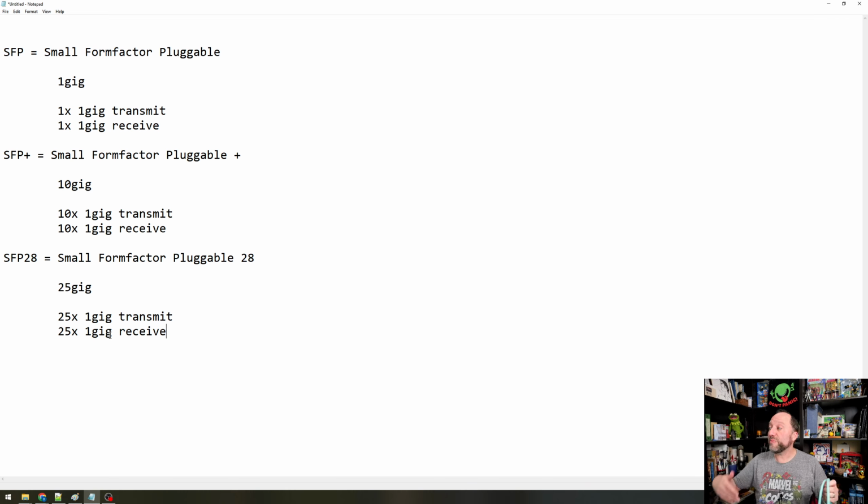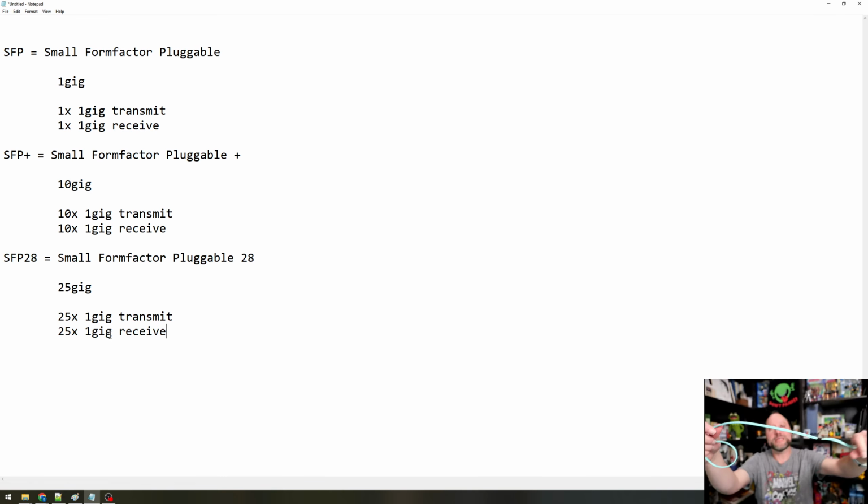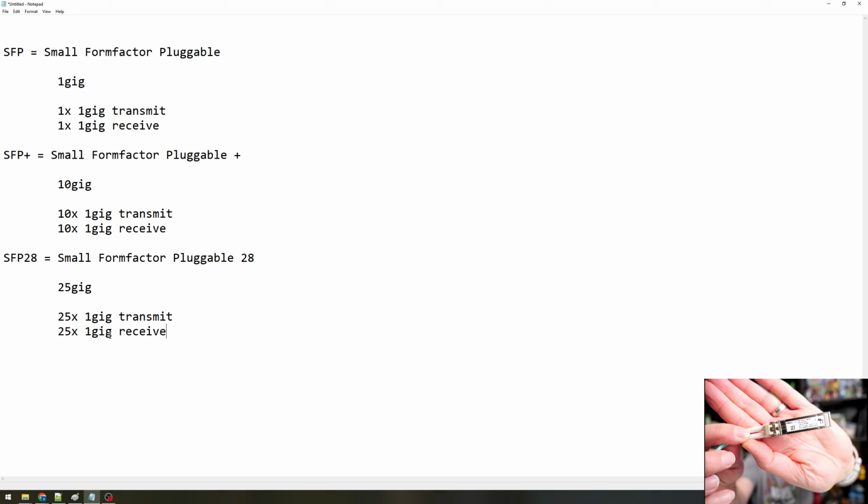On those SFP, SFP+, SFP28s, you are going to have something like this, an LC connector on a fiber optic cable here. There's plenty of details we could go into there, but we're not focusing on that right now. And one of these fibers, when it's plugged into your transceiver, is going to have a light shining out of this transceiver down there.